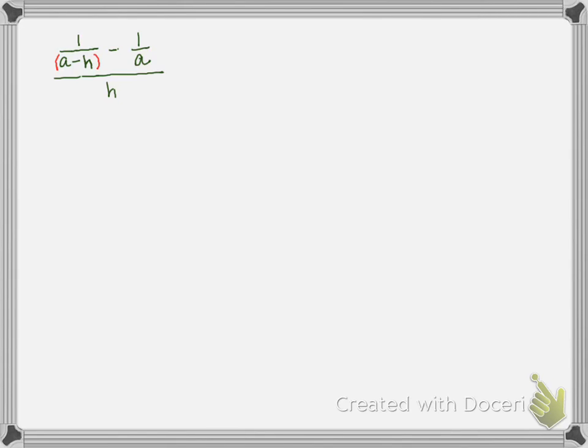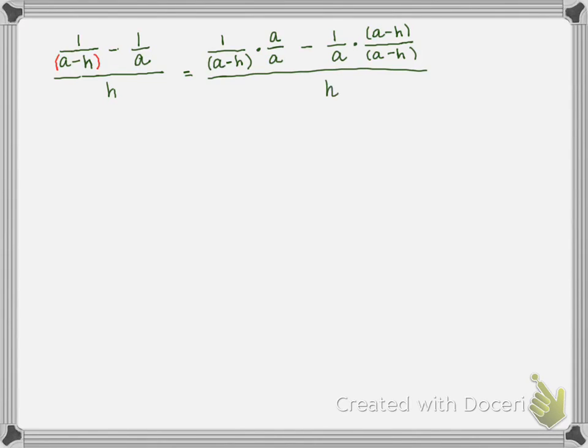That means when I get common denominators, this first fraction is going to be multiplied by a over a, and the second fraction is going to be multiplied by a minus h over a minus h. And then it's all over h.